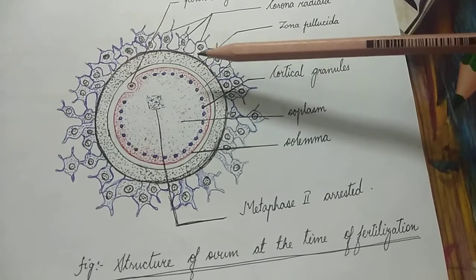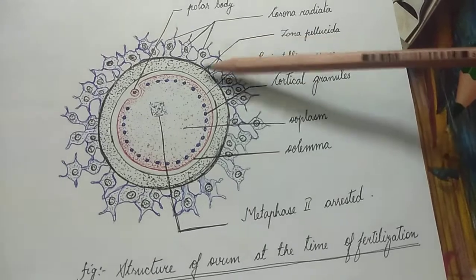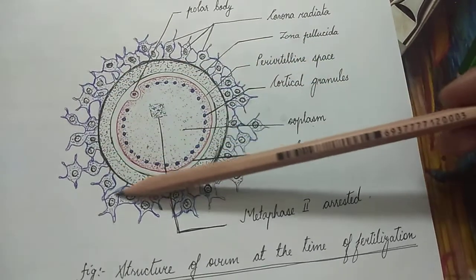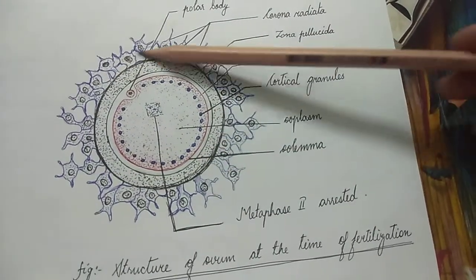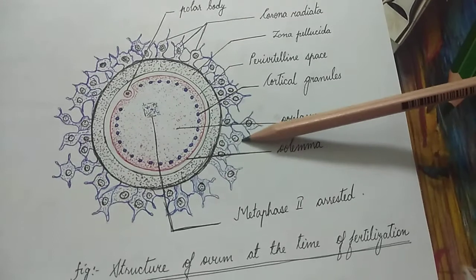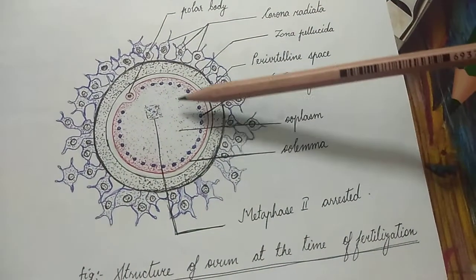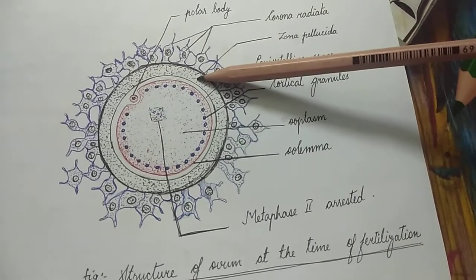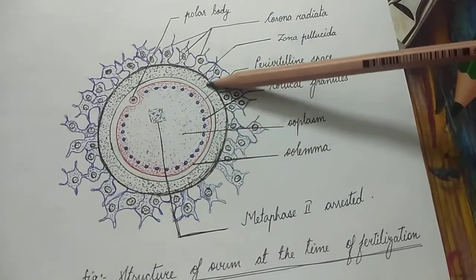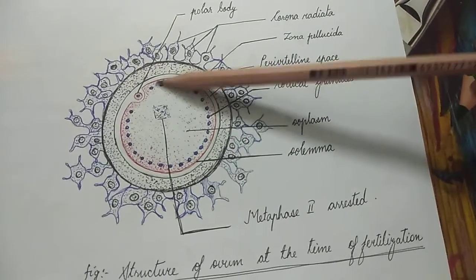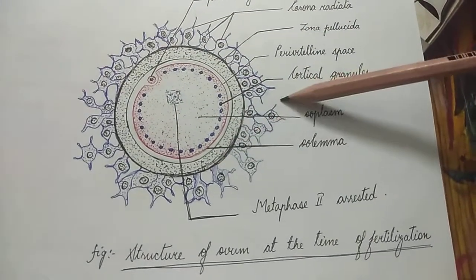When the secondary oocyte is released from the ovary, some of the follicle cells remain attached to the oocyte to form the second protective membrane, known as corona radiata. In between the oolemma and the zona pellucida, a small space is present, known as perivitelline space. So this is the structure of the ovum at the time of fertilization.